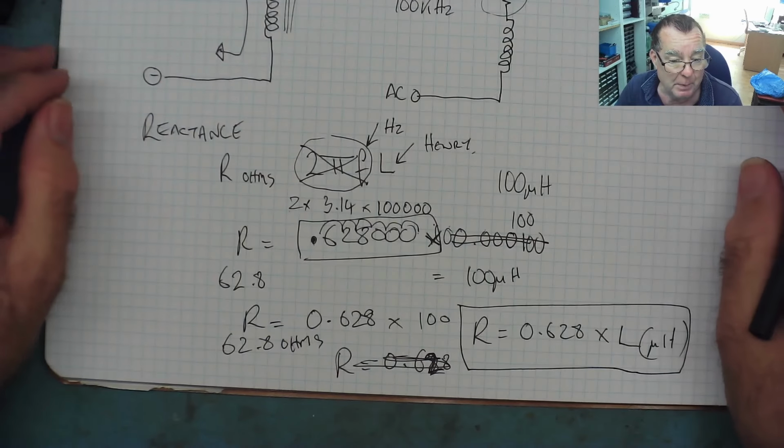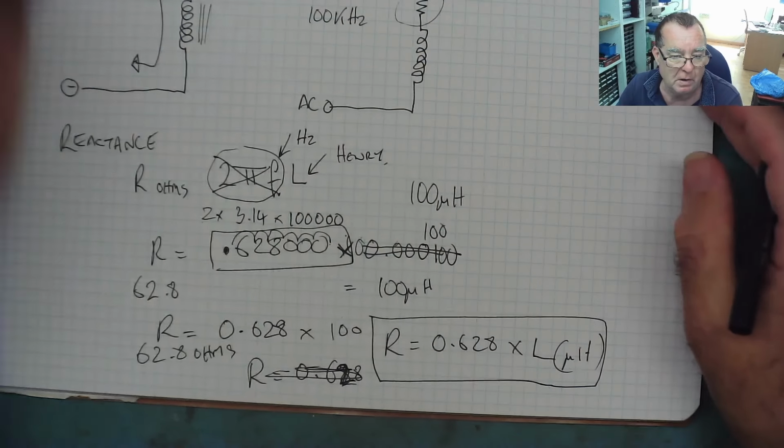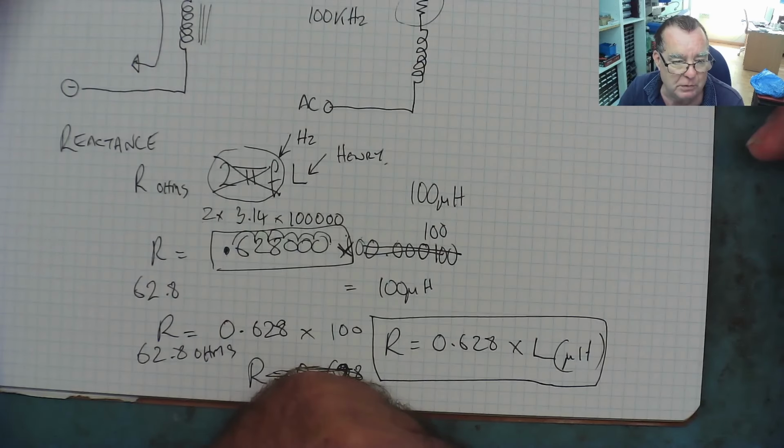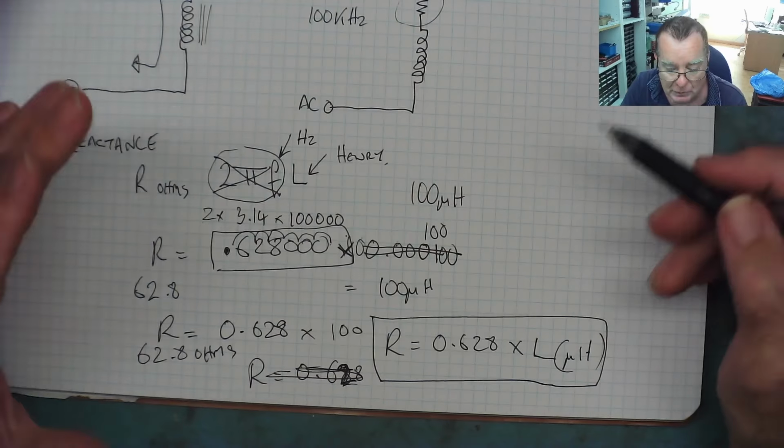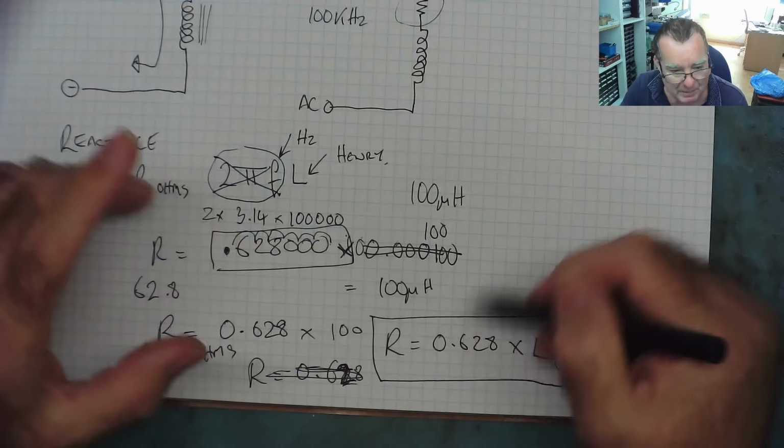But more likely, we're going to want to know the value of an inductor that isn't marked. We could do all the same maths, but I'm just going to give you the formula. I'm not going to make you go through all this again.